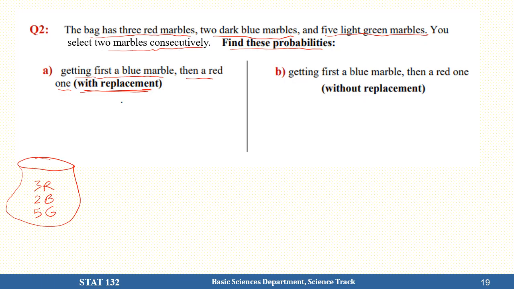Then we choose one marble here, and with replacement, we mean we do the first draw, and then we put it back, because it says with replacement. And then you take a second draw.